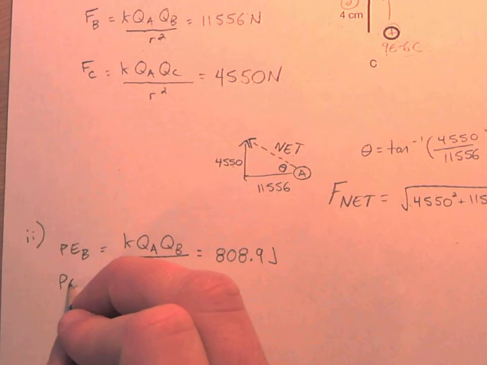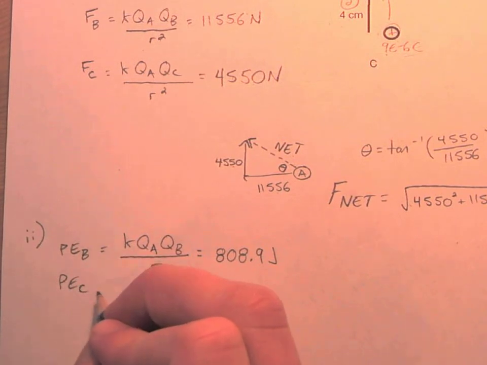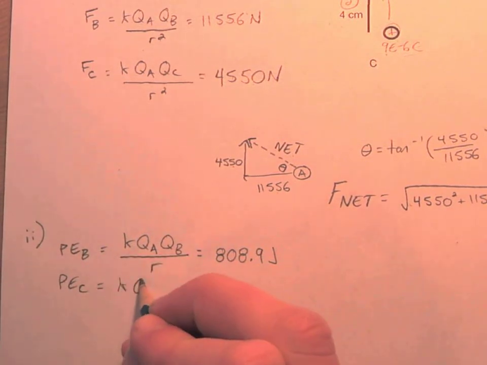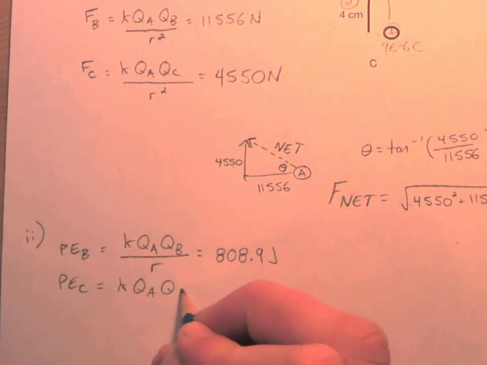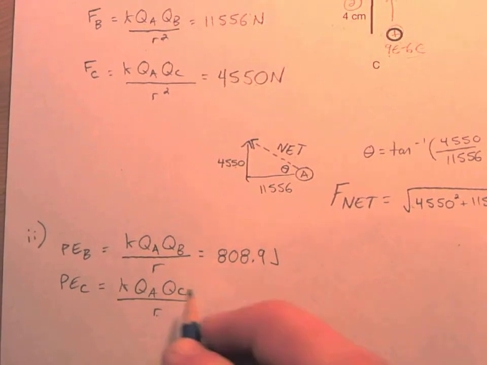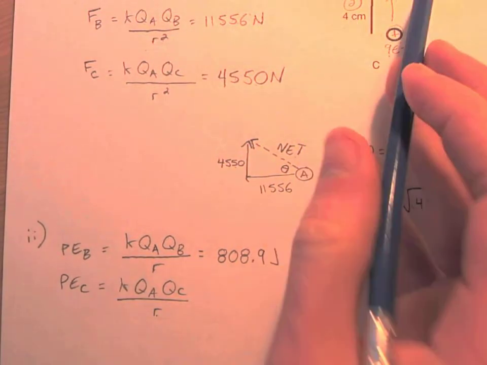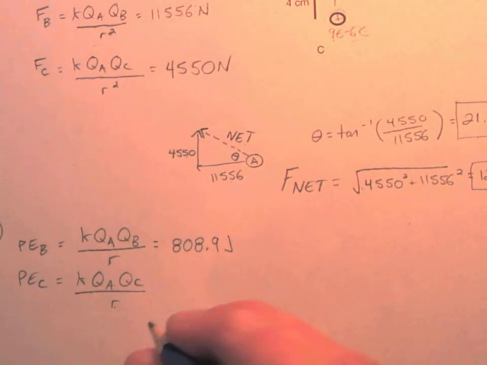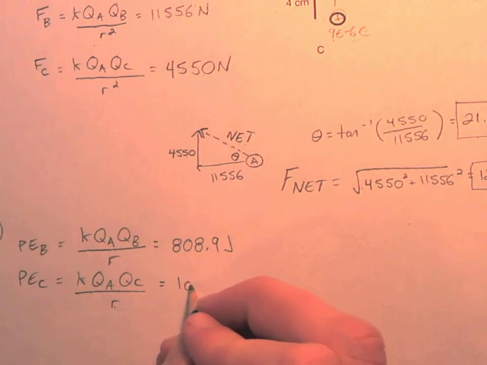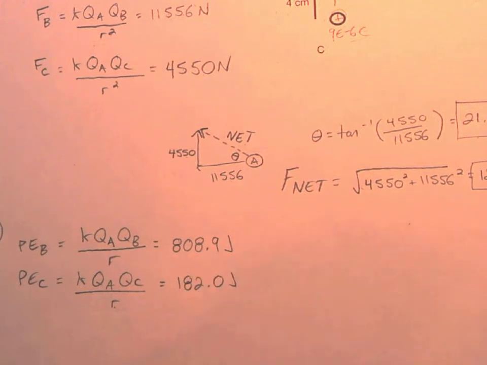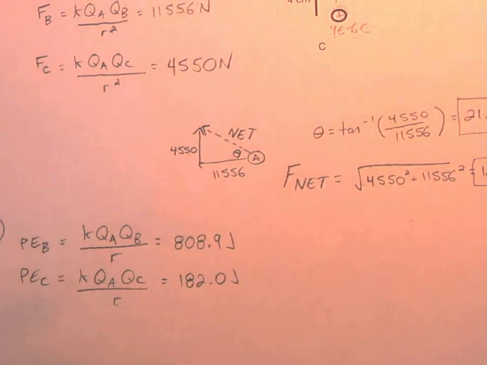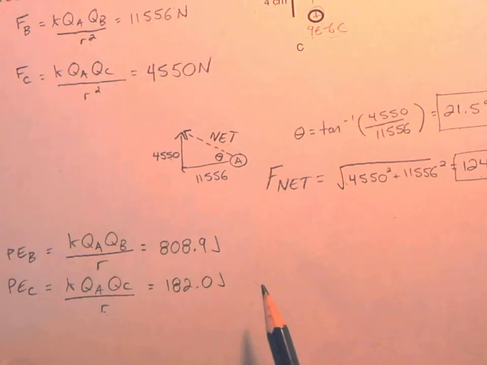Now we're going to look at potential energy in respect to C, and it's going to be the same thing, just times QC, and the R value will be different. It'll be 4 centimeters instead of the 7 centimeters. So this time I get 182.0 joules to get from infinity to the same spot but in respect to C. So it takes less energy to get there.